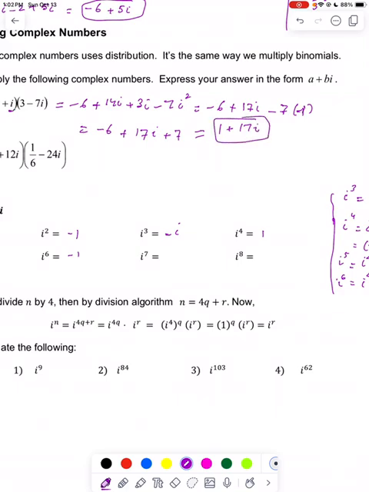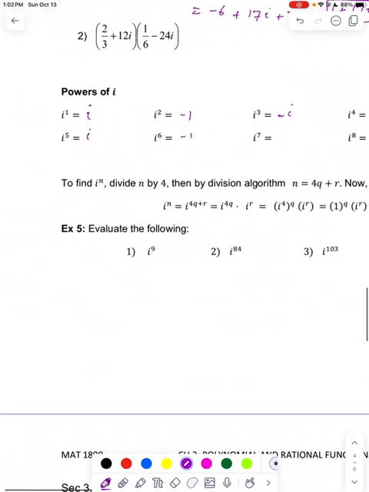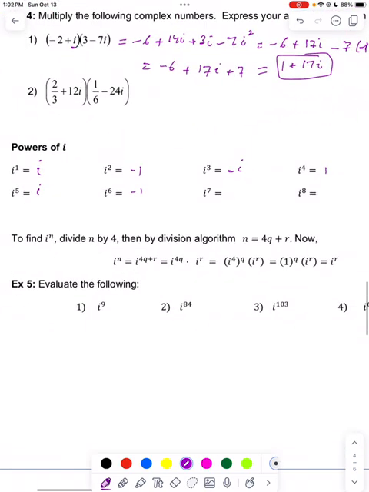Now similarly, we can multiply this second one. Now these are weird numbers. First, 2 over 3 times 1 over 6. 2 doesn't go into 3, 2 goes into 6.